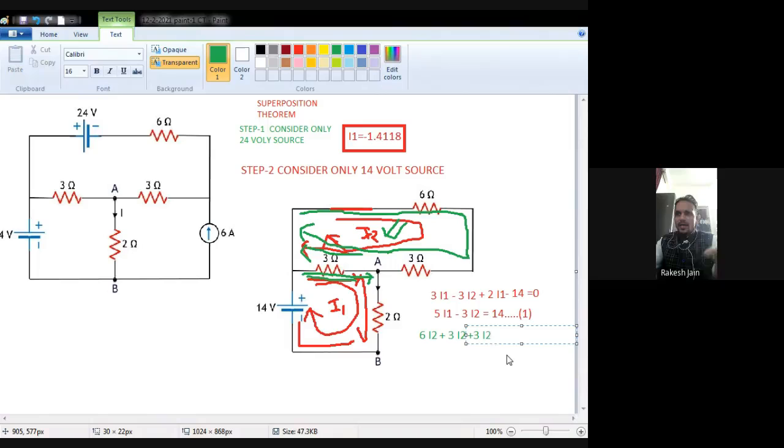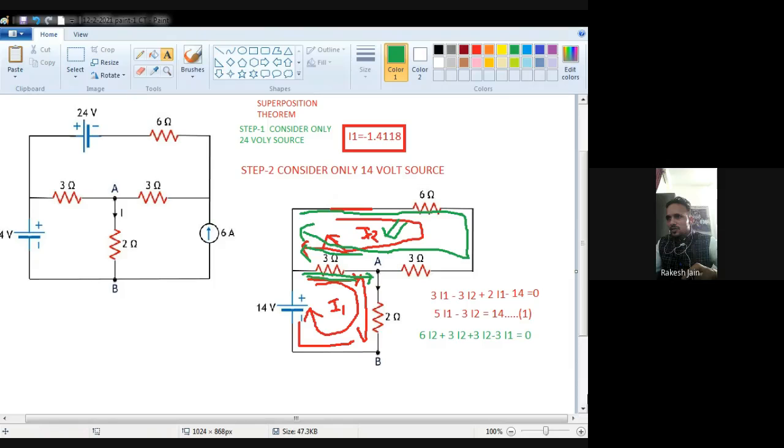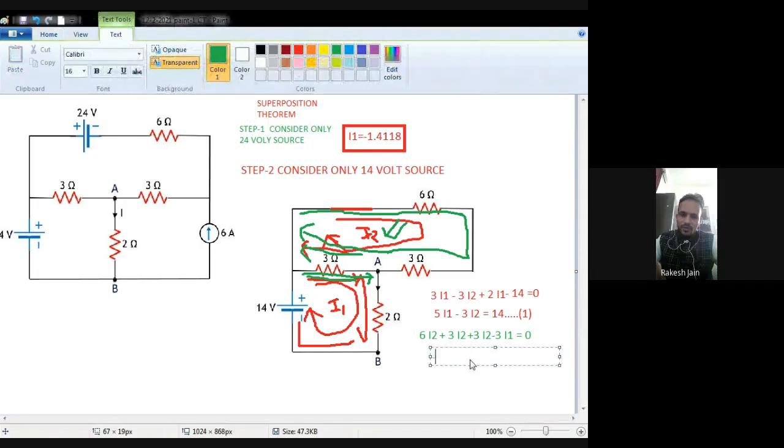Now for the first mesh I am going to write down the equation. First I start with this 3 ohm resistance. From this 3 ohm I am going from left to right, but I2 current also passes through this 3 ohm from right to left.